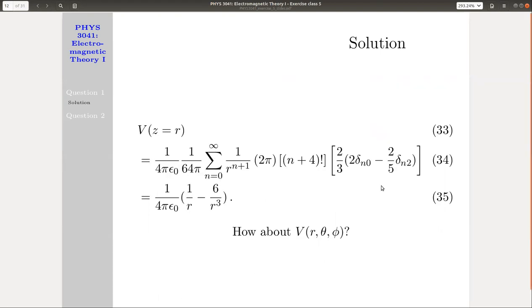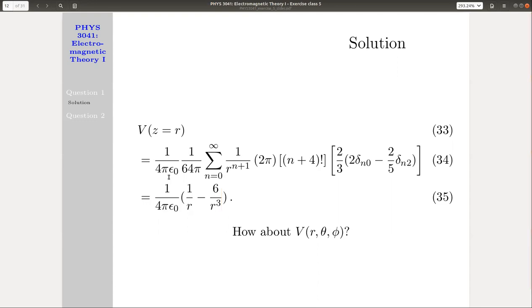And then after some simplifications, only the 0th order term and the second order term survive, and all other terms will just vanish. So you will just have a very simple expression of the potential in this form.